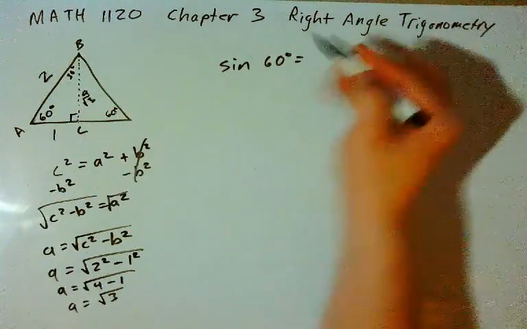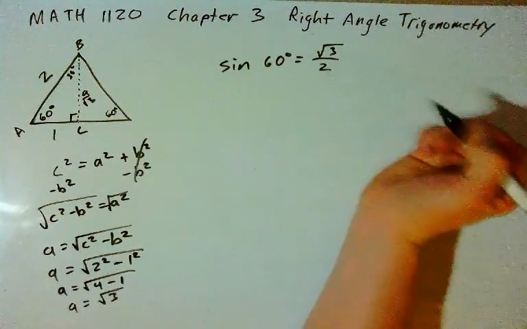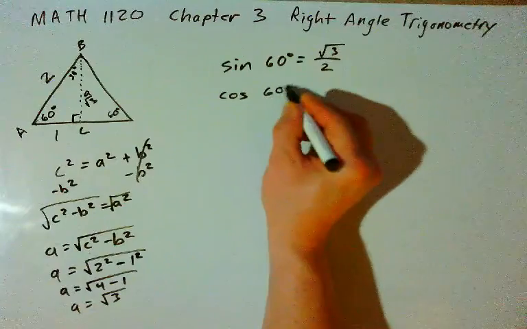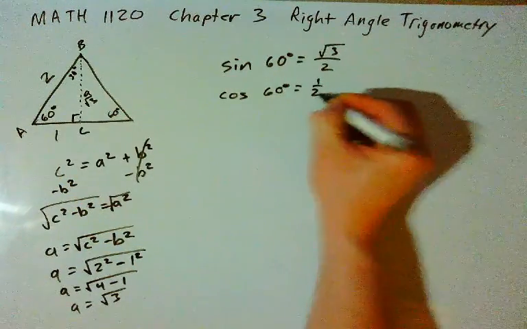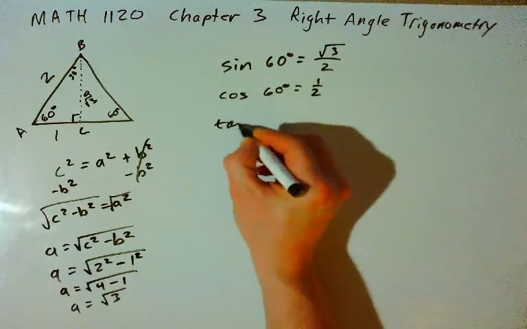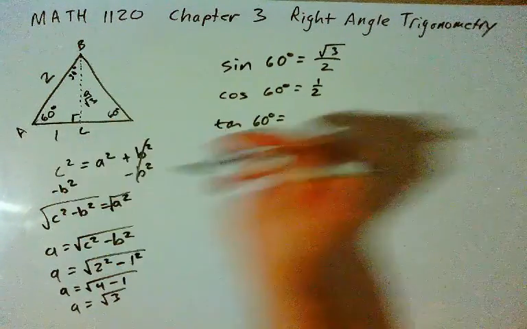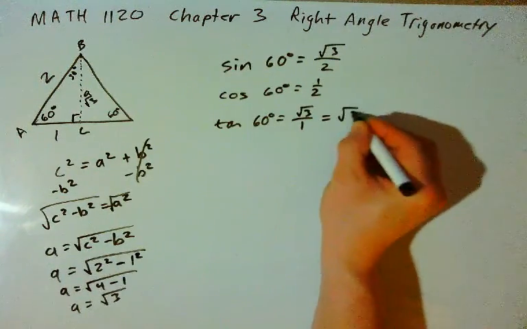And so the opposite side is the square root of 3. The hypotenuse is 2. And the cosine of 60 degrees will be the adjacent over the hypotenuse, so that's 1/2. The tangent of 60 degrees will be the opposite over the adjacent, so that's the square root of 3 over 1, which is just the square root of 3.